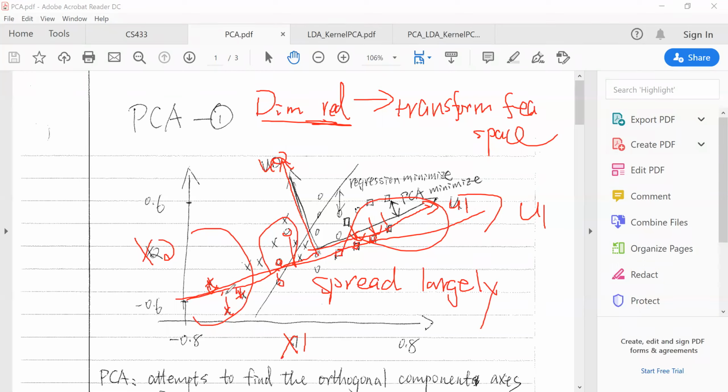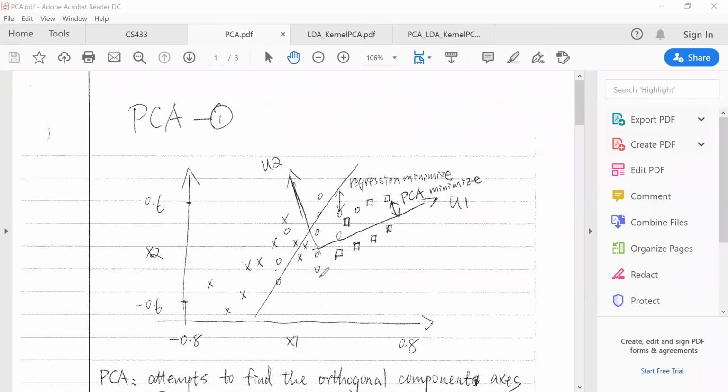And we can also see they separate very well. And all we want to do here is the classification, to find out which class. So in this case, if you pick this new feature space, you can see they can be separated quite well along this U1 axis.